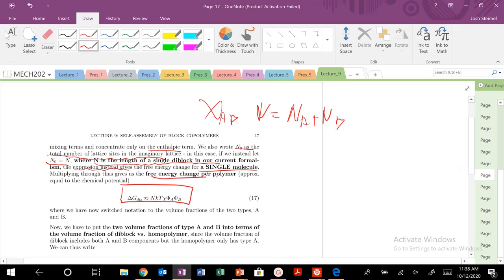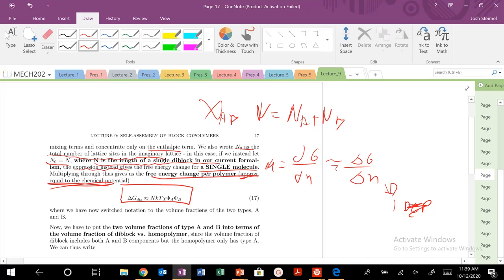So the free energy change per polymer is approximately equal to the chemical potential, because we know chemical potential equals dG dN. We're going to approximate it. That's just the change in chemical potential from adding a single diblock copolymer. So that was what we're working with here.